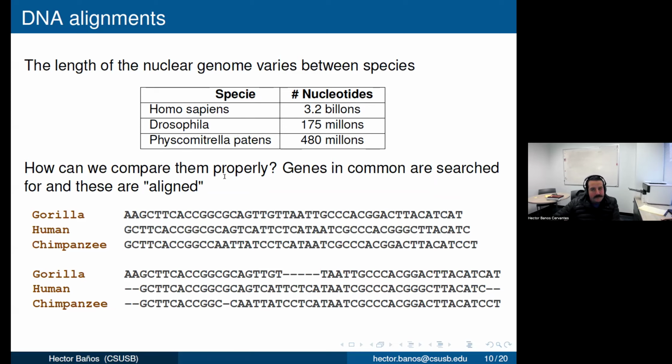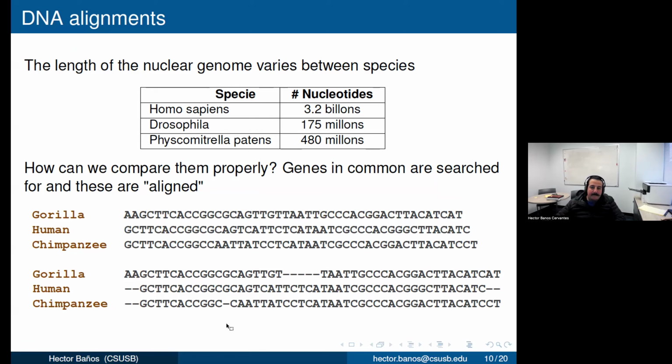So to compare genes properly, they have to be aligned. For that, you want to find the sites in DNA where you can compare them. That involves a lot of algorithms, in this particular case a function that will penalize some of the different ways you can align the sequences.